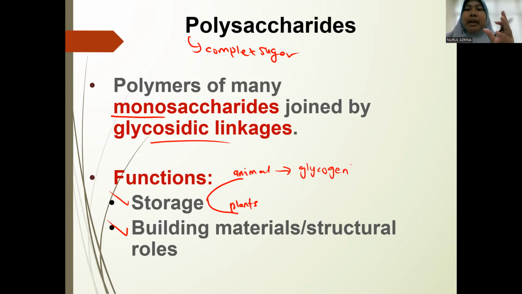Gula lebihan dalam haiwan ataupun manusia akan disimpan dalam bentuk glycogen, and it is stored in liver and also muscle.